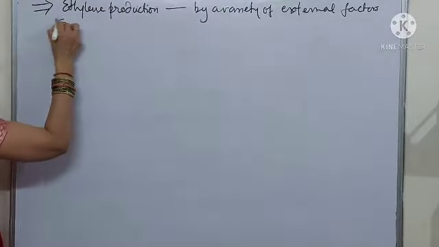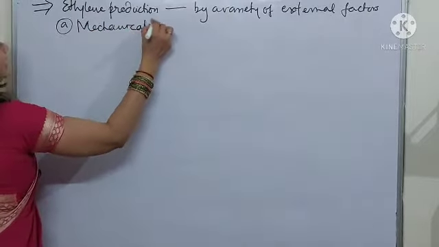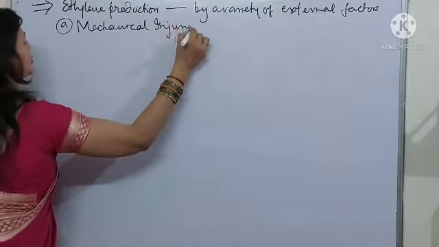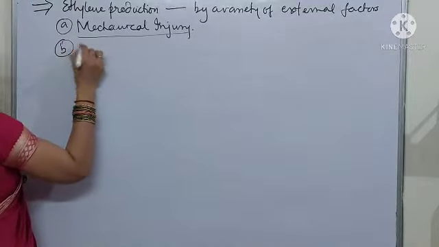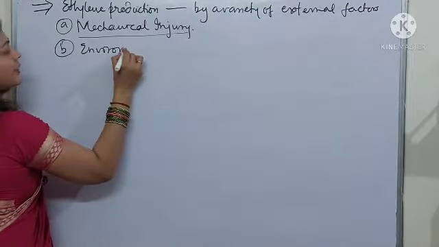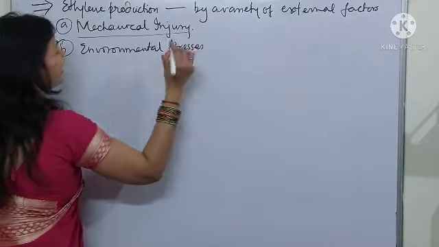The first one is mechanical injury. So during mechanical injury, ethylene is produced at higher rate. Second, environmental stresses. It is any type of stress.